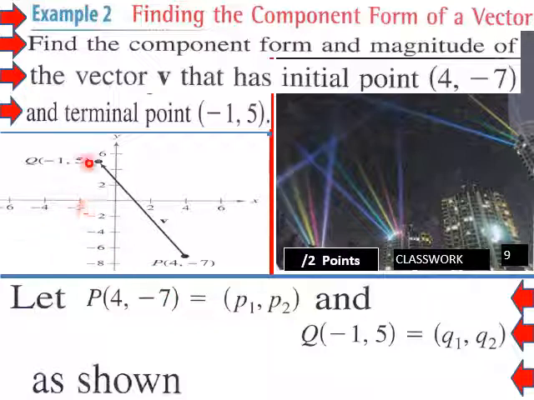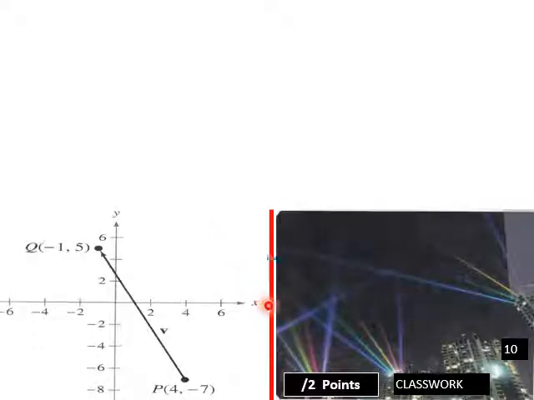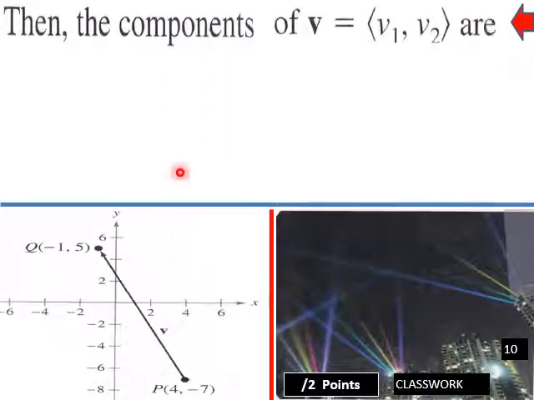As shown here, here would be a drawing of this vector. Here's our initial at 4, -7, and then our terminal up here is -1, 5. So that would be a diagram of it. So find the component form and magnitude of this vector. To do that, here again is our diagram.